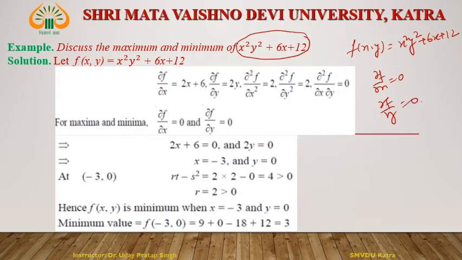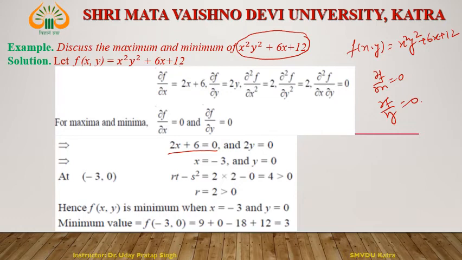Okay, see, what is dou f by dou x? Our function might be not correct.